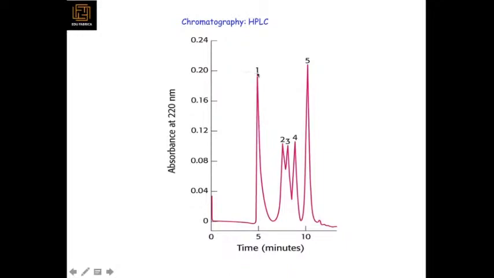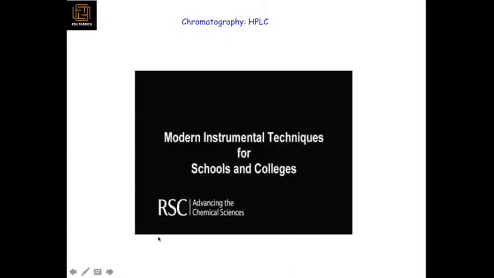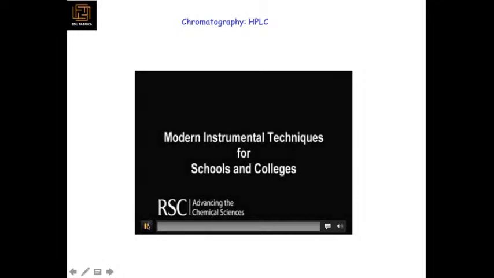As the different materials are separated, we see them in the results at different absorbance over time. These bands refer to the zones, and we can tell how much of our sample has been eluted. So a little bit about HPLC now.